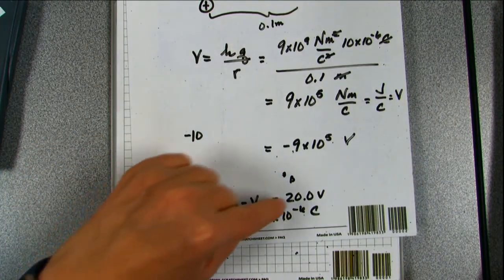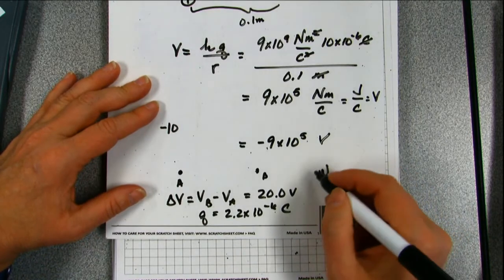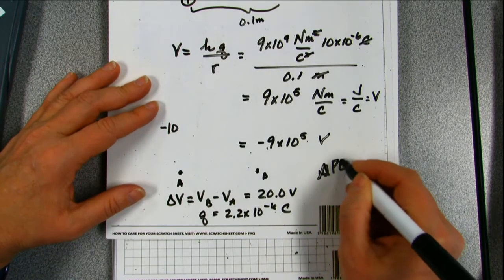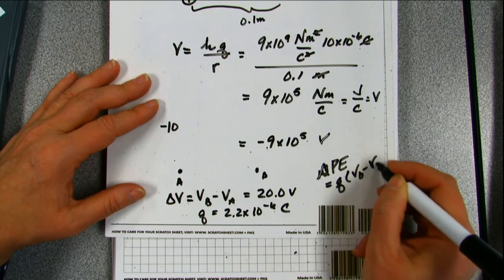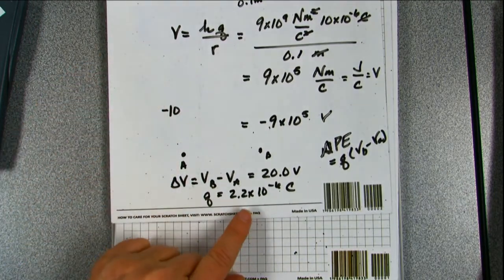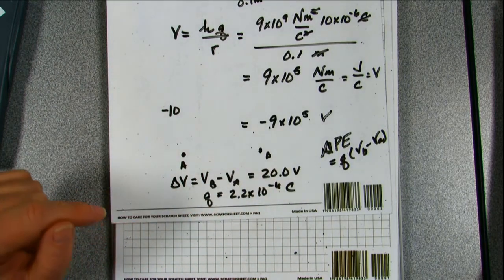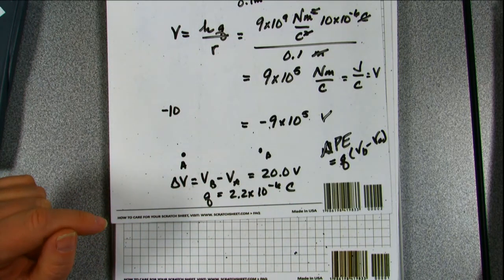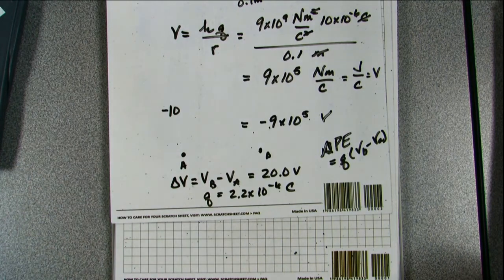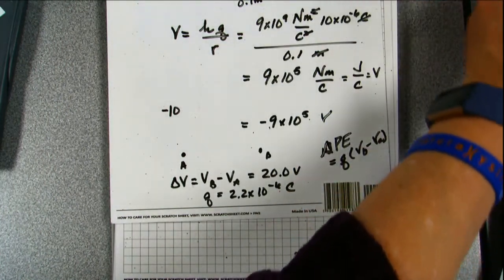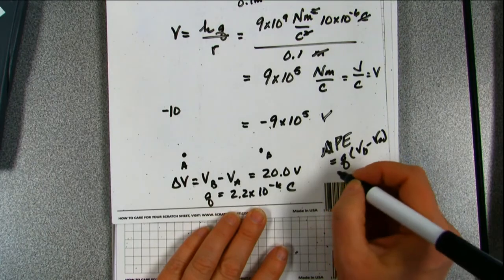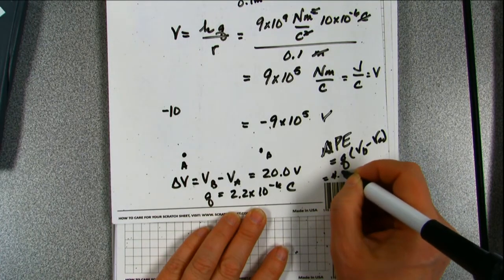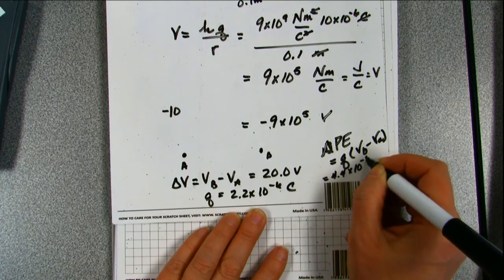We're going to multiply this times this, which is equal to our change in potential energy, which is going to be Q times (V_B minus V_A), and we would just multiply this times that. And if I do that, that number works out to be, just so you have it, 4.4 times 10 to the minus 5 joules.